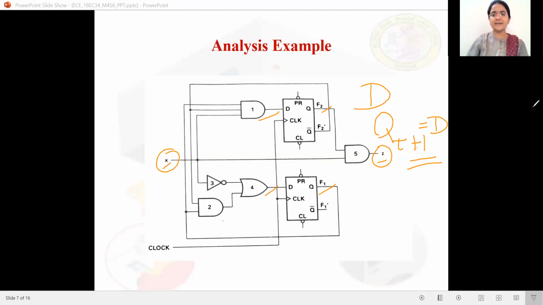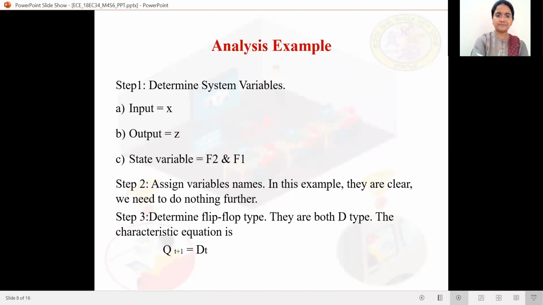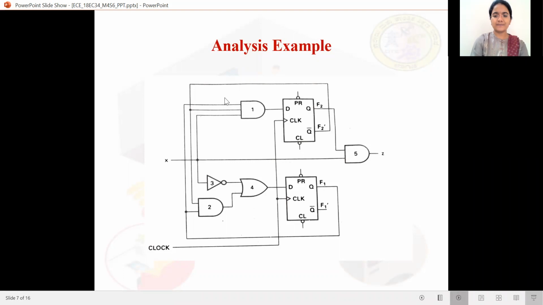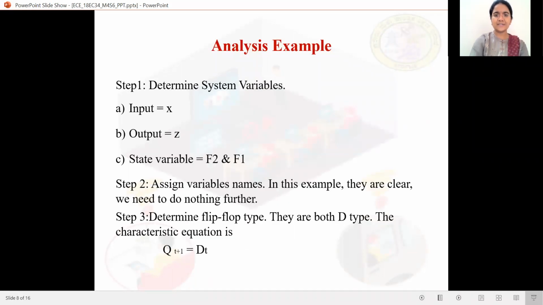Now we will see the steps and understand each step. The first step is determining the system variables. The system variables are the input, output, and state variables. What is the input here?